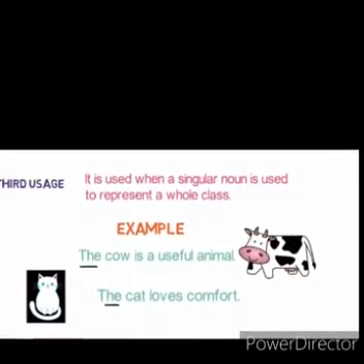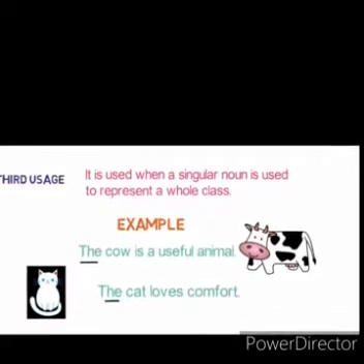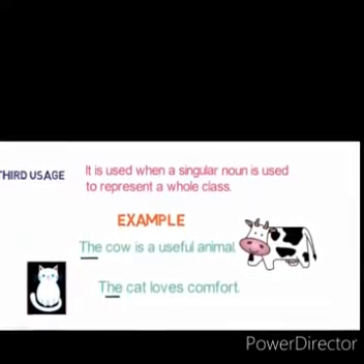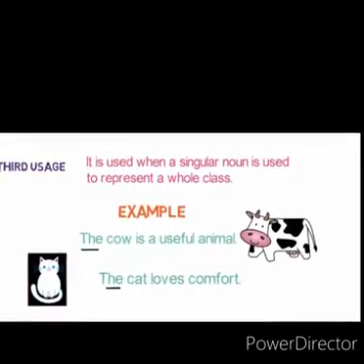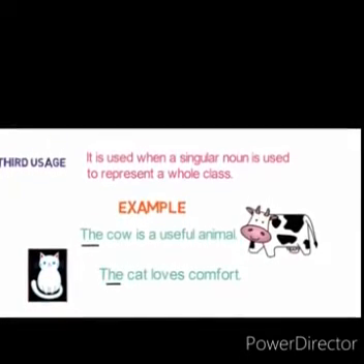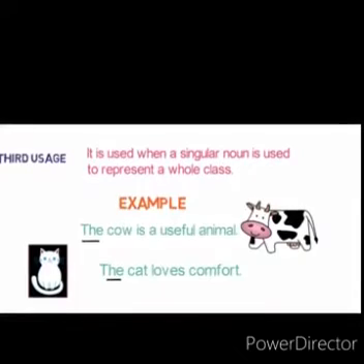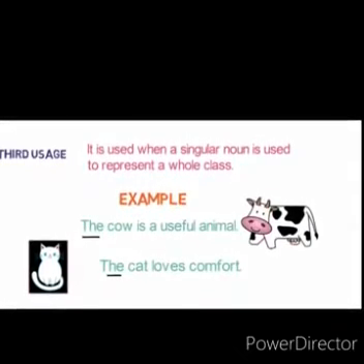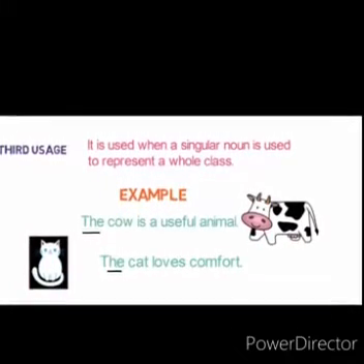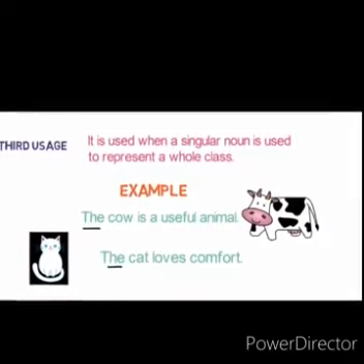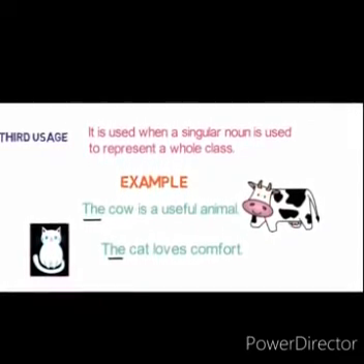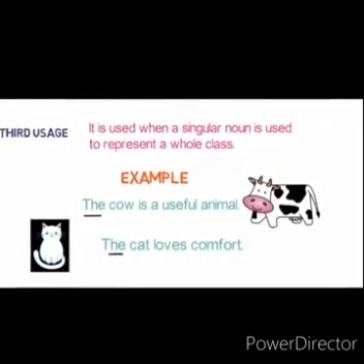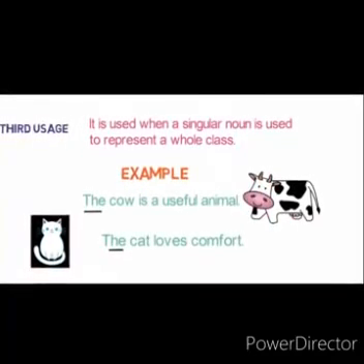Here we have used article the because we are talking about the whole class of cow. So over here cow is representing the whole class of cows. Similarly, the cat loves comfort. So over here also we are talking about the whole class of cat. So that is why we have used article the.